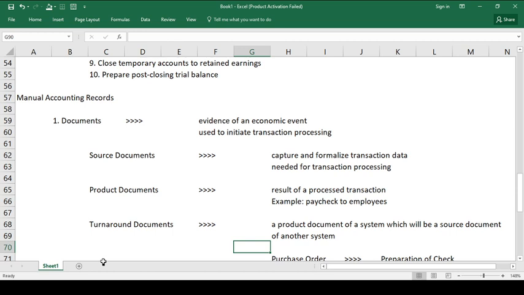For example, if you want to know if there is an existence of a purchase of a particular supply, anong document ang kailangan?